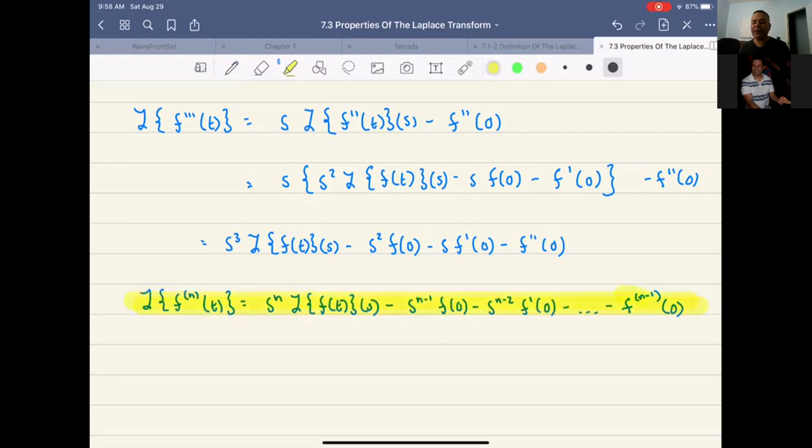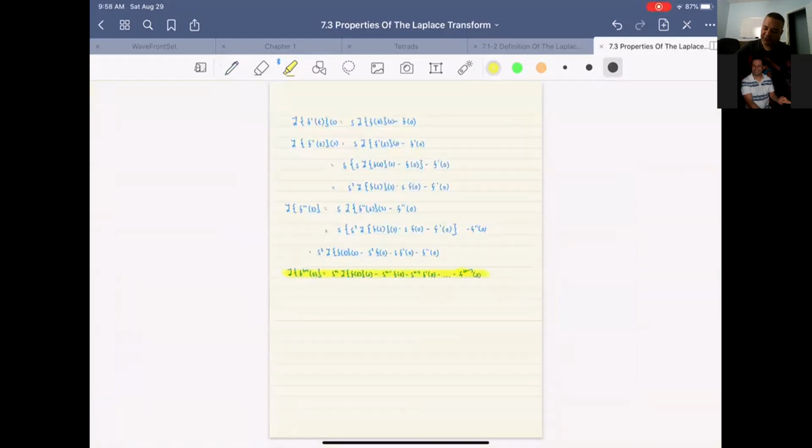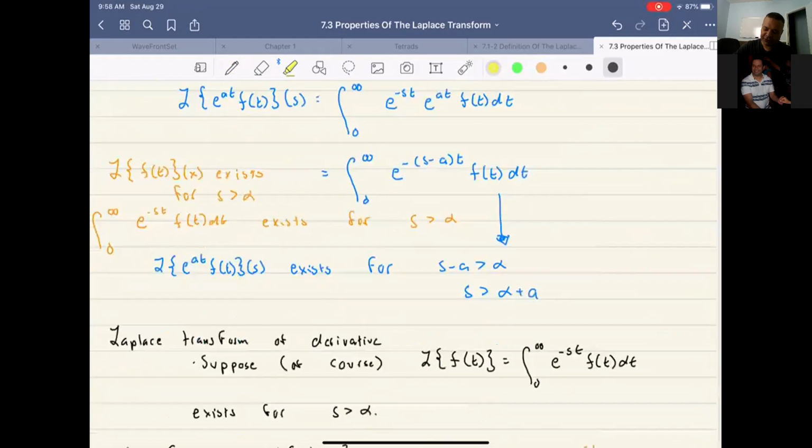Okay, and that's how we're going to use that. We're going to use that to transform differential equations. Let's just go on and keep going.